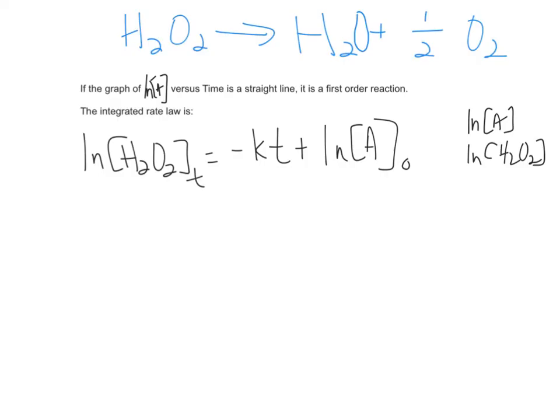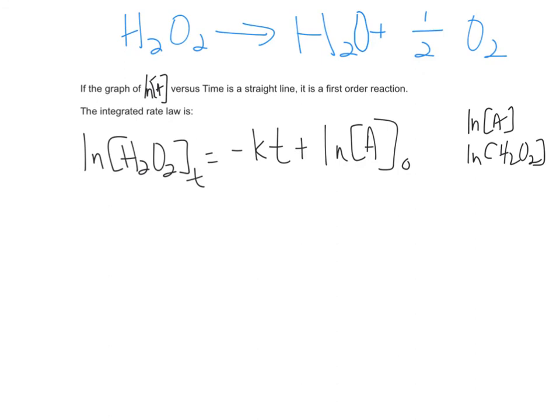So if we consider a reaction like the one on the previous page, hydrogen peroxide decomposes into water plus 1/2 of an oxygen molecule. If we take data of the concentration of our reactant versus time, and we plot the natural log of it, and that is a straight line, then it is a first-order reaction. So write this down underneath on the first page at the bottom.